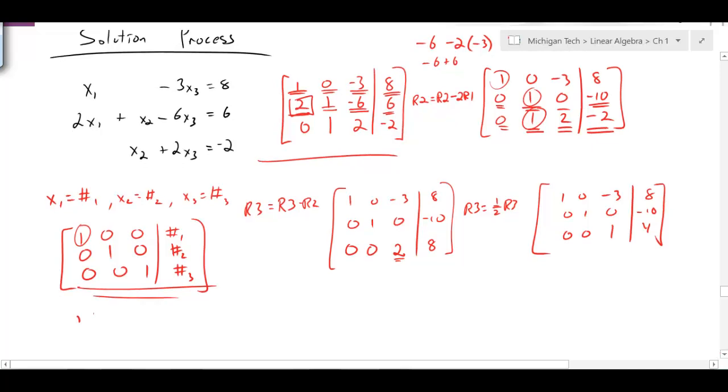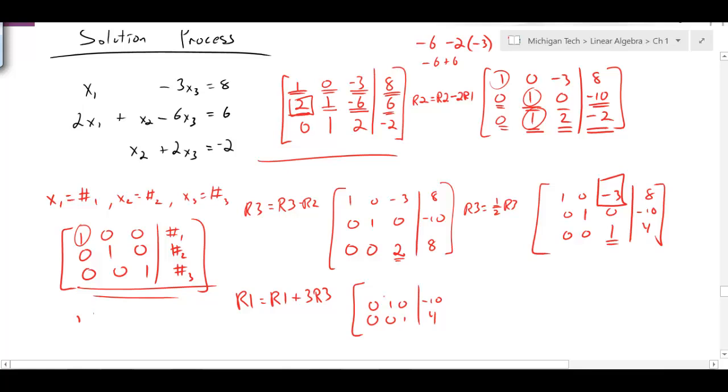I'm almost done now. Now I just have to get rid of this negative 3. So I need a new R1. It's going to be R1 plus 3 times R3. I'm using this 1 to get rid of that negative 3. So I'm not changing R3. I'm not changing R2.